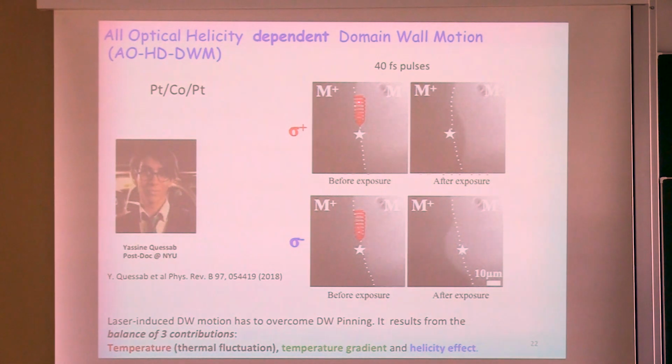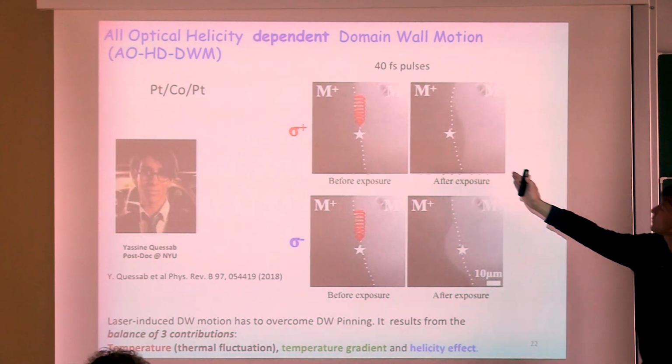That's before sending the pulse, and this is after the pulse. Again, this is a large number of pulses that have been used. It's not a single pulse, many pulses. And another thing is that the intensity of the laser is below the switching threshold. So if you would put this laser on a saturated film, nothing would happen. You would have no switching.